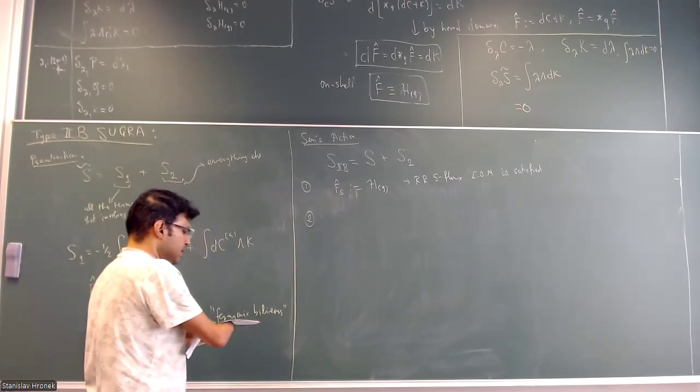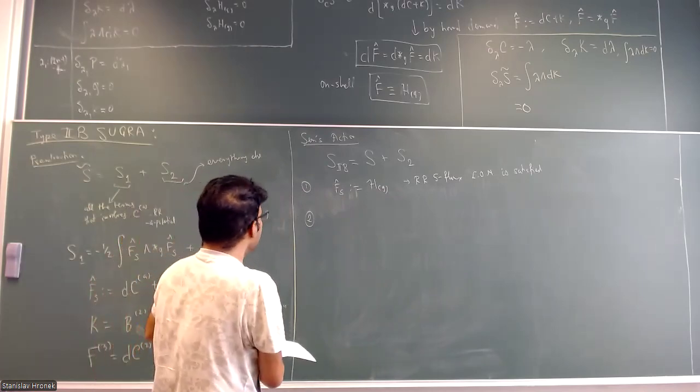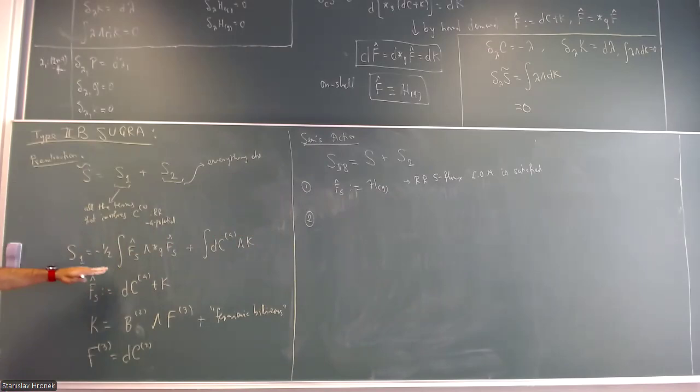Now, there is a second thing, that we have also proven that they have the same gauge symmetry. That general gauge symmetry I can write down even more precisely, in terms of how P2 transforms, how C2 transforms, and so on.